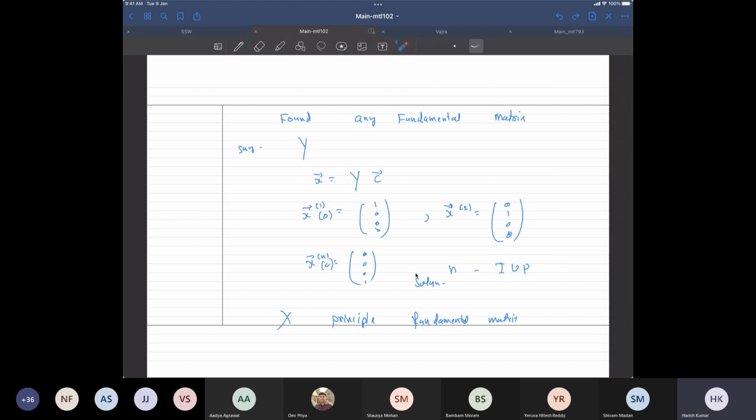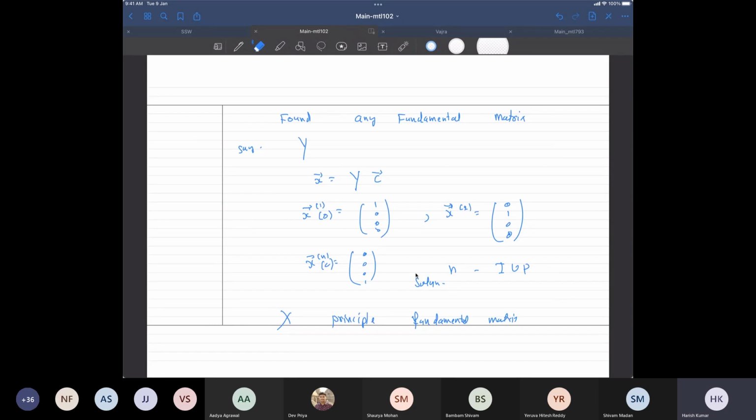This side of the vector is the identity, so you get this C uniquely. So basically the fundamental matrix X, if you see carefully, will be basically Y times matrix C, where matrix C is nothing but what? You work it out. What will be X from this discussion?